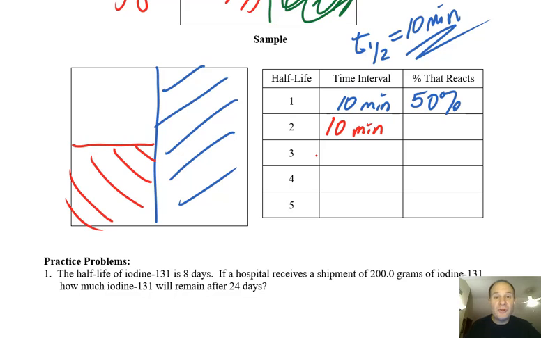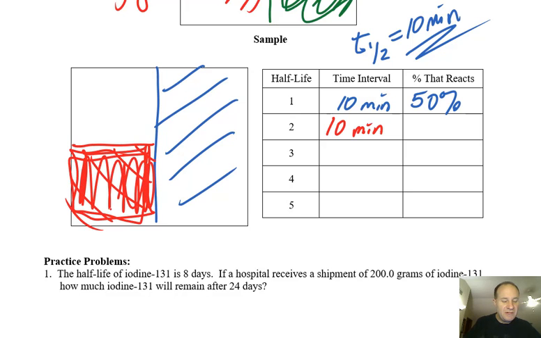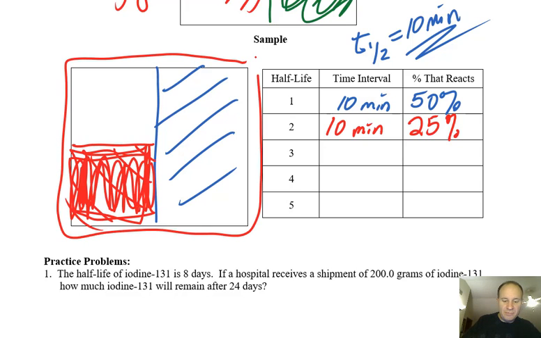So it's been a total of 20 minutes, and what I'm shading in red is actually 25% of the overall sample. You see it's the lower left quadrant. So after a total of 20 minutes, 50 plus 25, 75% of my original sample has gone away. There's only 25% remaining.